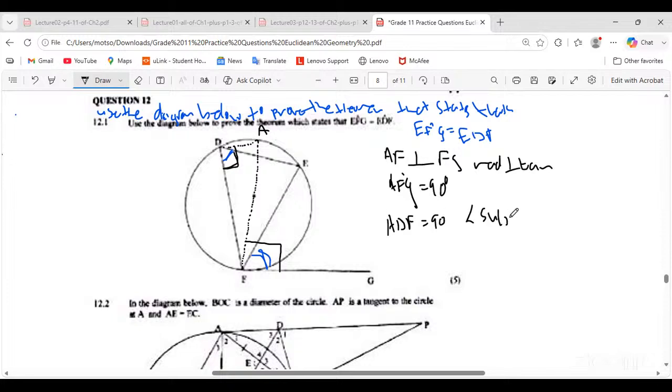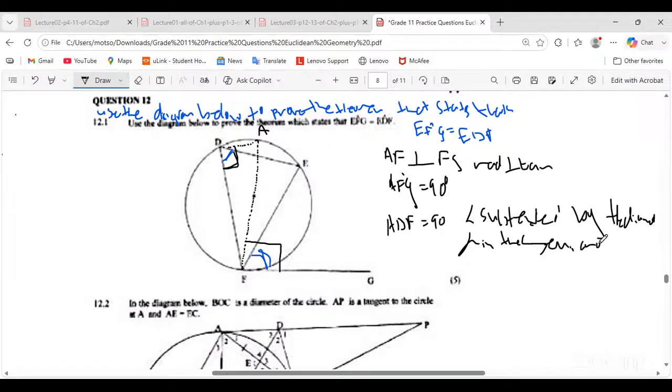Angle subtended by the diameter, or angle in a semicircle.